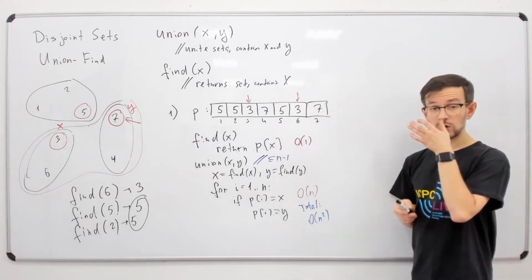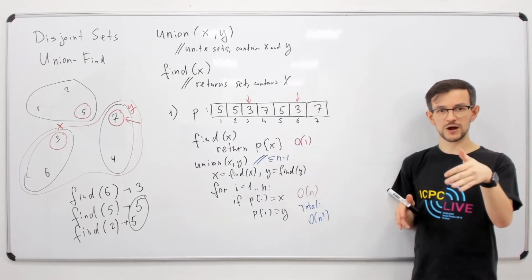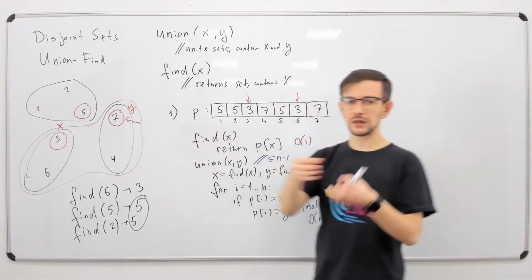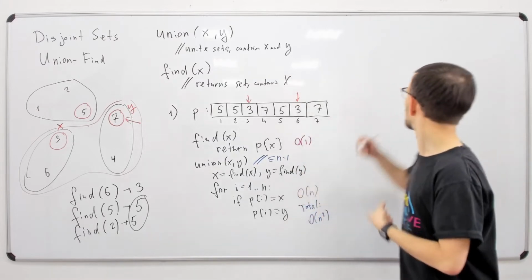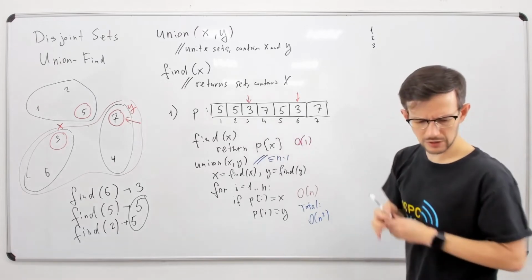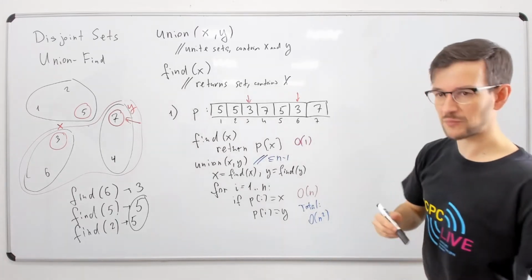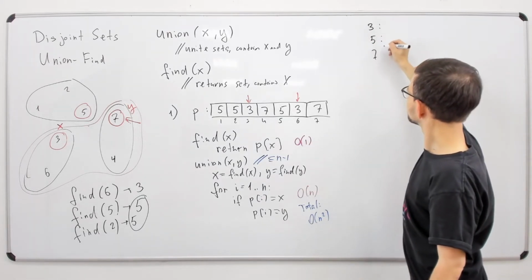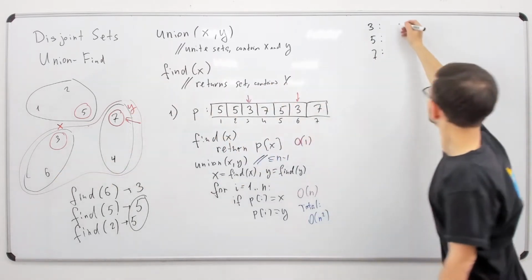Quite easily. We can just maintain the list of all elements for each value X. So for each representative, let's keep the list of elements which belong to the corresponding set. I only have representatives 3, 5, and 7. So for 3 we have elements 3 and 6.